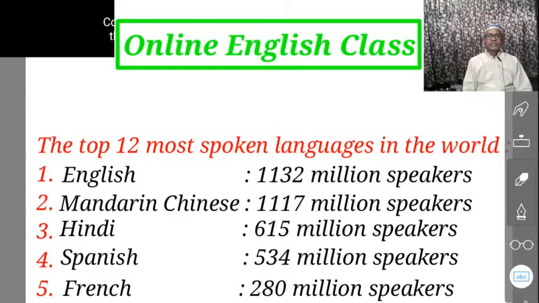Number 3, Hindi, 615 million speakers. Number 4, Spanish, 534 million speakers. Number 5, French, 280 million speakers.